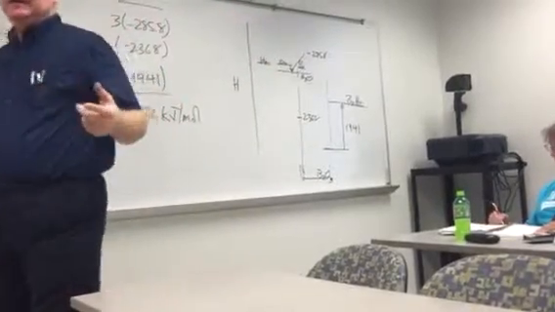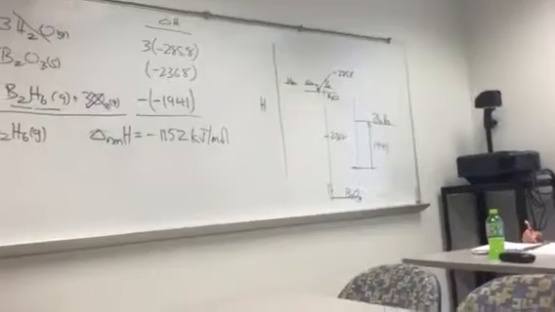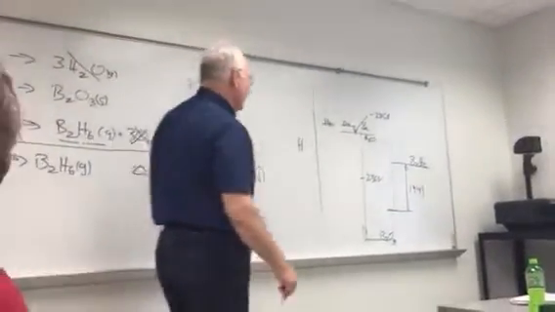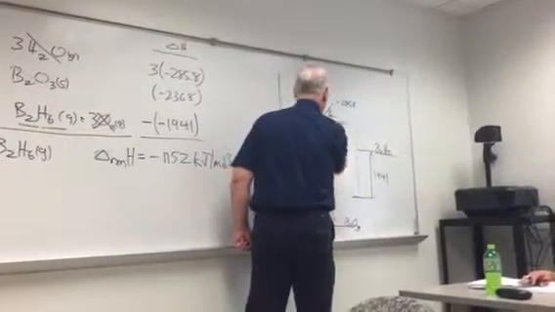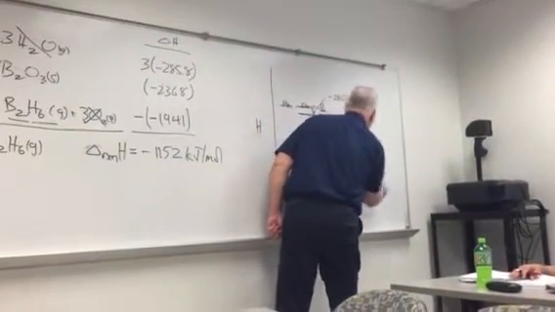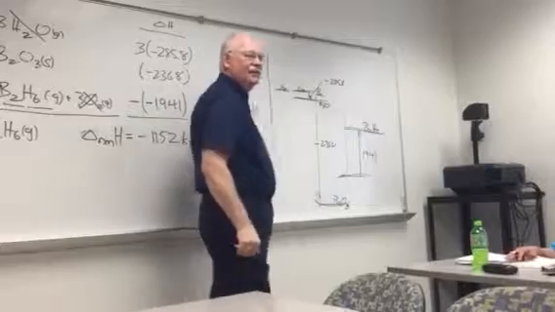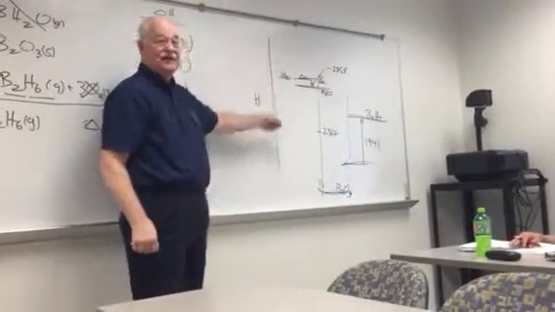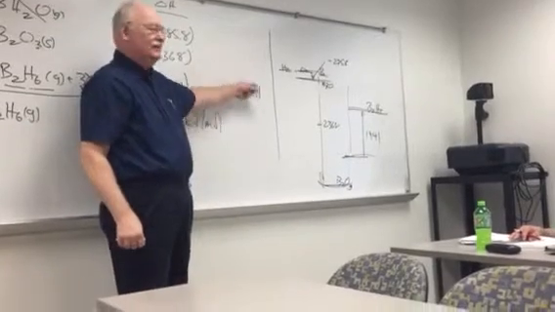If we keep doing that with lots of different things, we can put lots of different levels on there. But really what we're doing is just talking about the differences between these levels. It would be nice if we had a 0 on that scale, but we don't.